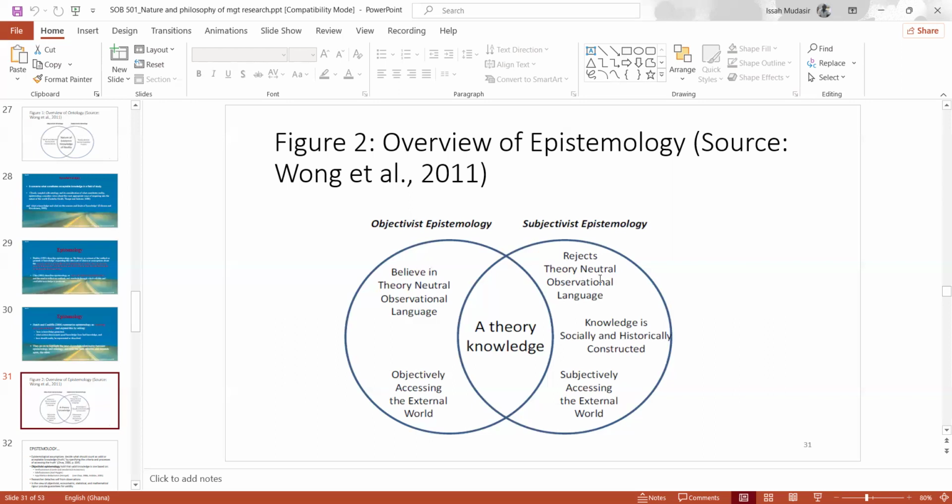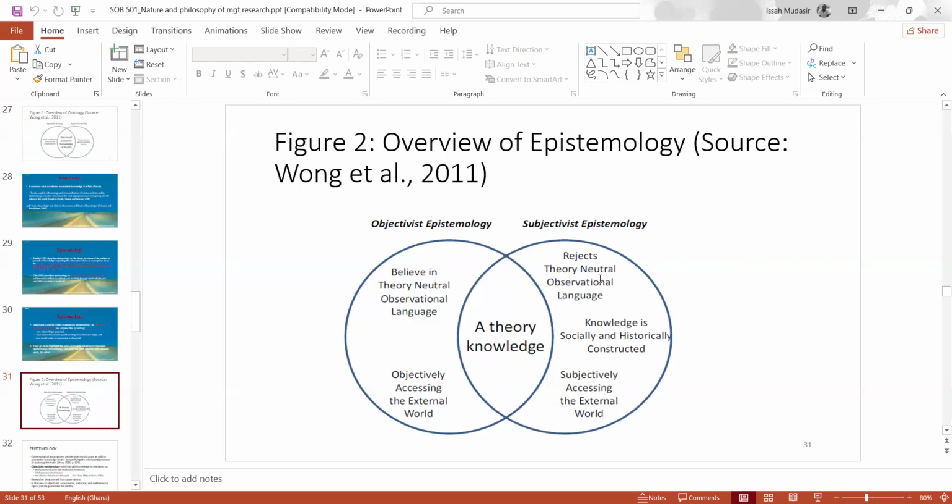However, the subjectivists completely reject the idea that the researchers' views, their perceptions, their attitudes play no role in the research process. So they argue that knowledge is socially and historically constructed. The interactions between people is what will shape and produce knowledge. So we cannot say that we can only get knowledge through objective inquiry.